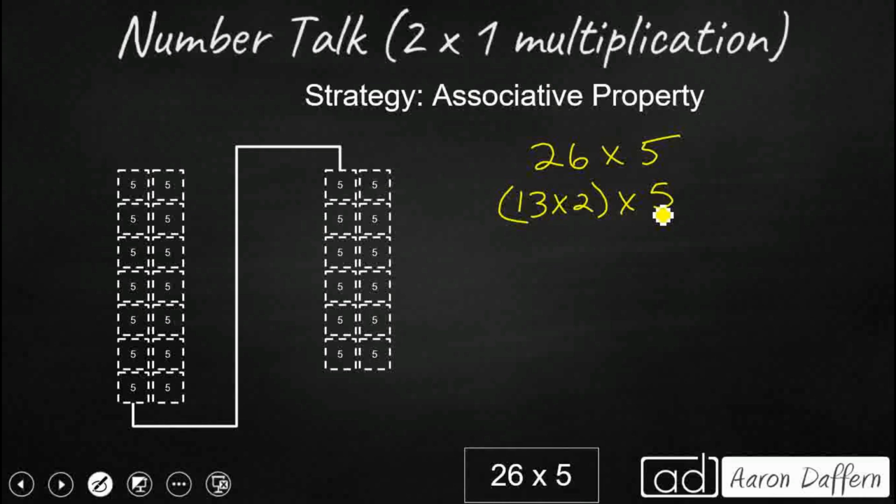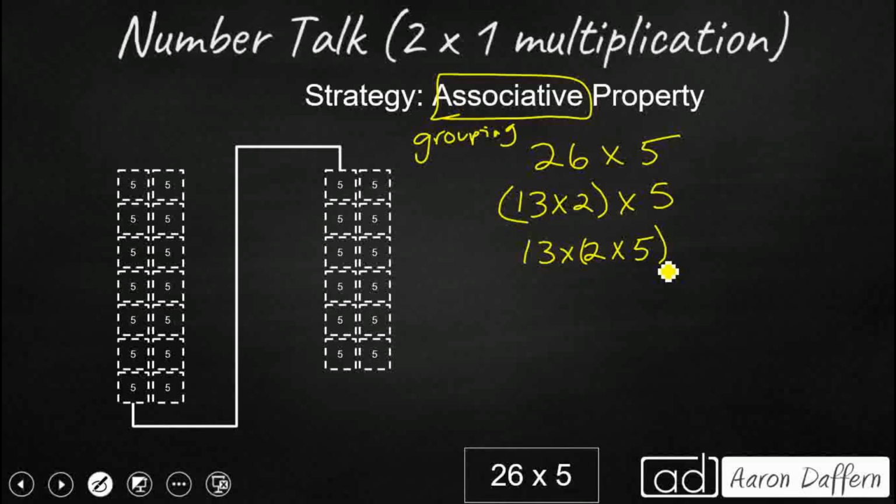What this does is this lets us shift our factors grouping. This is the grouping property. It only works when you have 3 or more factors. If you do it with addition, you need 3 or more add-ins. But instead of 13 times 2 being grouped together, I'd rather have 2 groups of 5 grouped together.